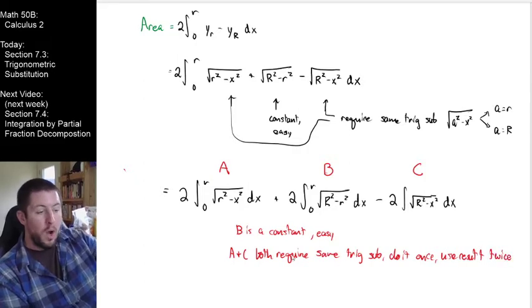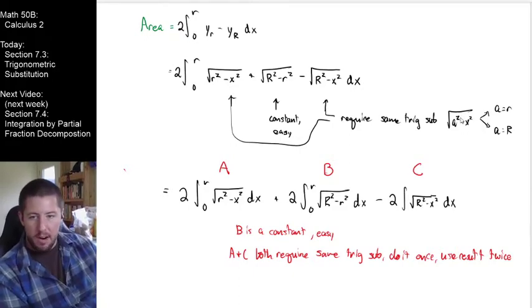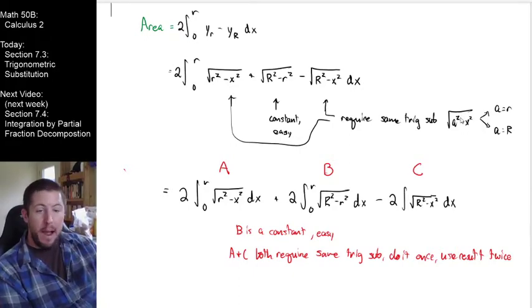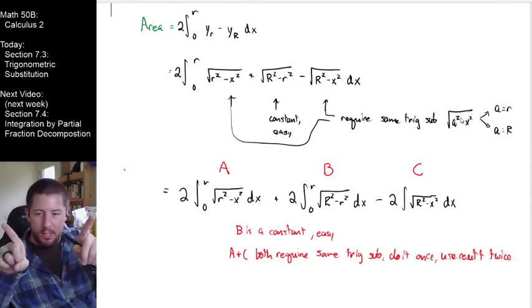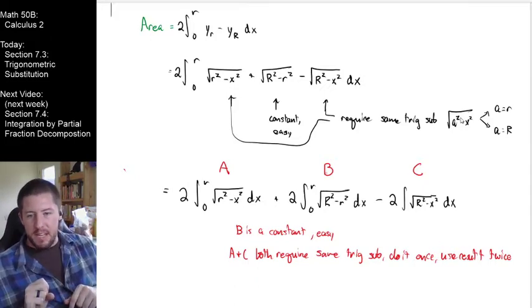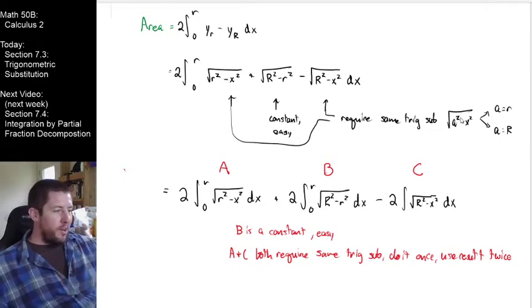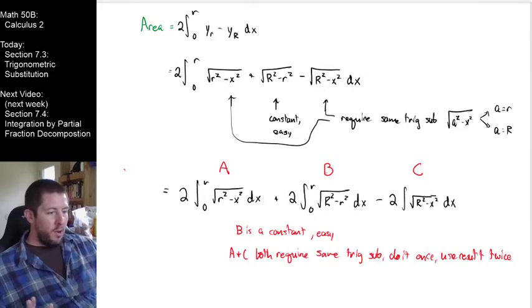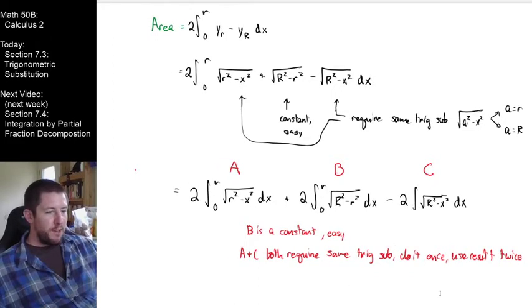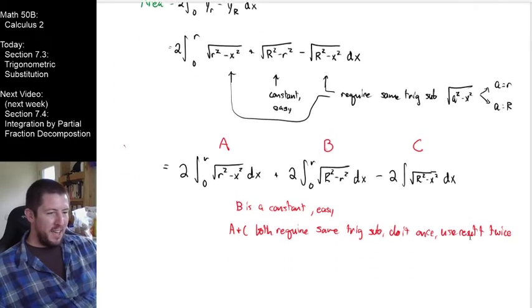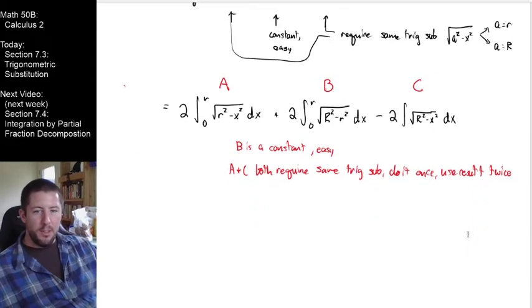So I'm going to do one generic version of both A and C using an a instead of a lowercase r or a capital R. Then when I get my results, I will use that result to express the answer for each of the integrals A and C. All right, so let's go ahead and do it. Let's just do the B integral first since it's super easy. There's really no effort required to do the B integral here.